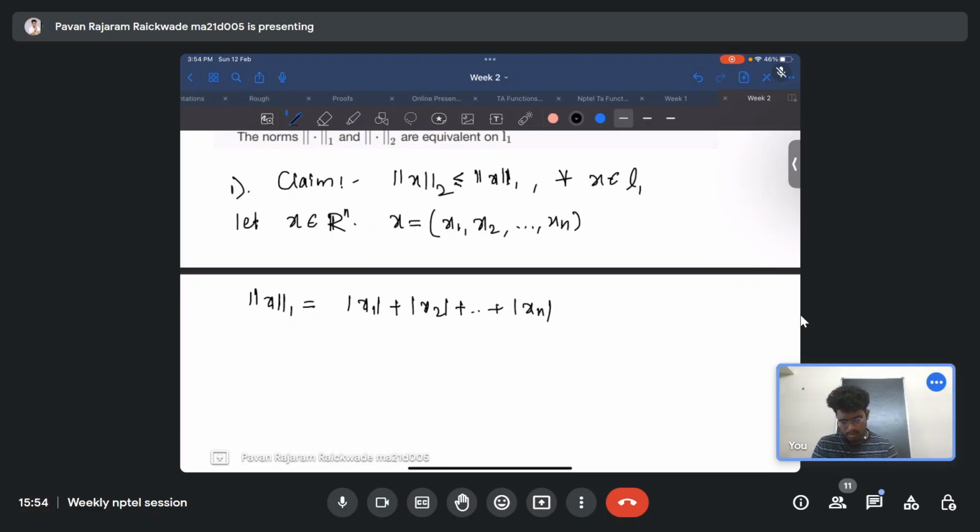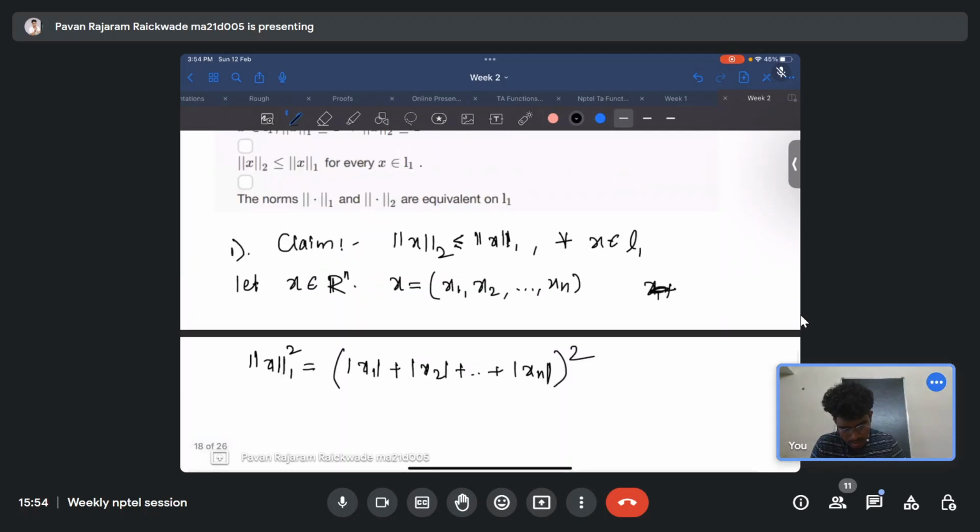So if I square it on both sides, you know this inequality which is always true. For example, if a and b are positive, then (a plus b) whole squared is always greater than or equal to a squared plus b squared, right? Because there will be an additional term, which is 2ab. Correct. So the same thing applies for all n also.